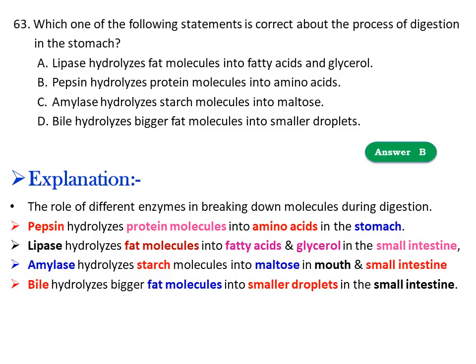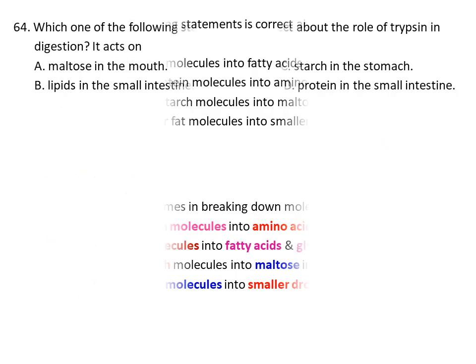Amylase hydrolyzes starch into maltose in the mouth and small intestine. Bile breaks bigger fat molecules into smaller droplets in the small intestine. Only pepsin is working in the stomach, so that should be perfectly B.